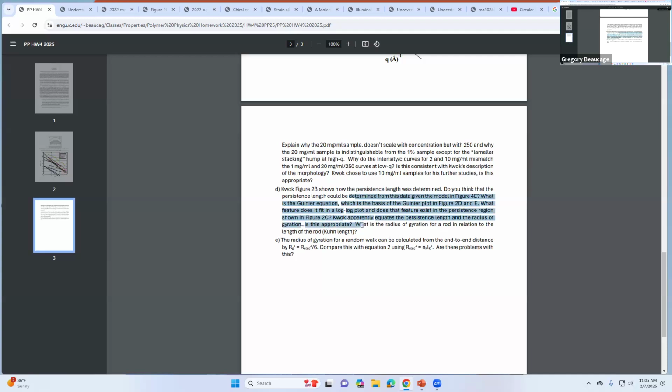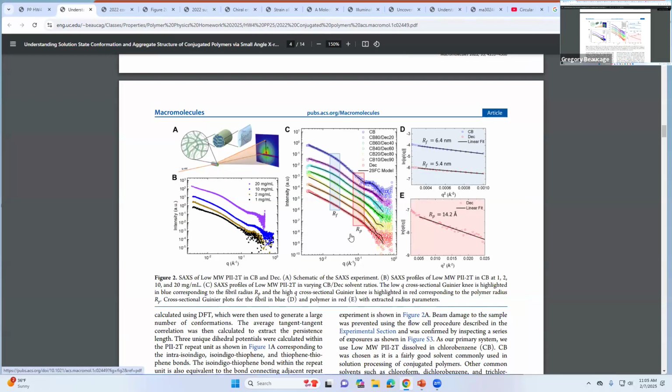And then he says it's based on Gurnier's model. So you look at that plot and you're looking for knees. In this region, there's no knee, right? In other words, there's a knee for the red, but no knee for the blue. There's a knee for the blue, but no knee for the red. He's saying there's a knee in all of these, and that's how he gets the radius of gyration.